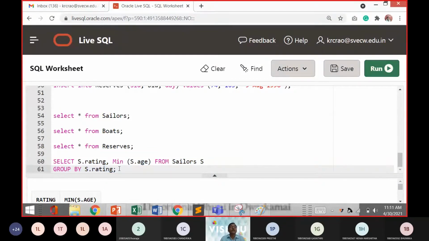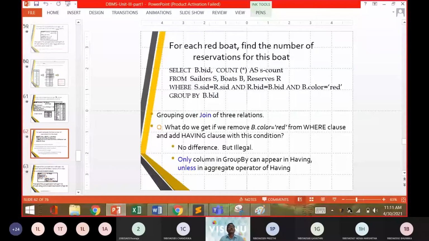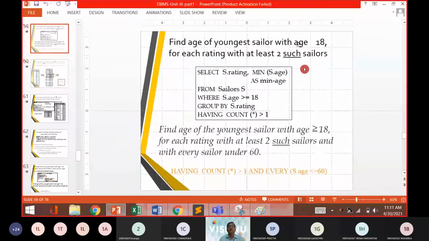Next one. Now let us check how the query for the discussion we are working on goes. That is, what was the age of the youngest sailor with age greater than 18, and this is the query we counted here using group by and having.